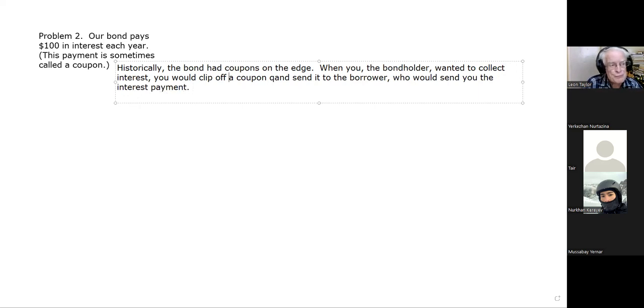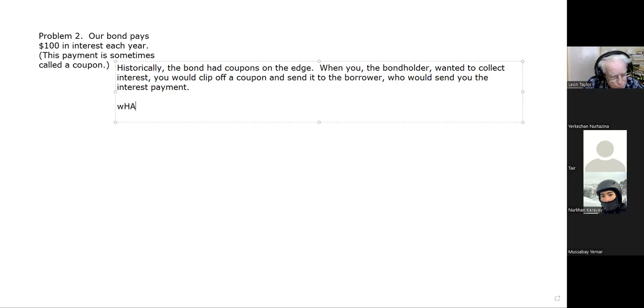On this bond, the interest payment is fixed. It never changes. Even if you sell the bond on the open market, the coupon would still be $100. So just an interesting historical fact, that's all.